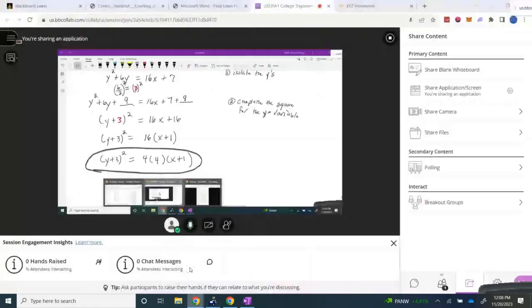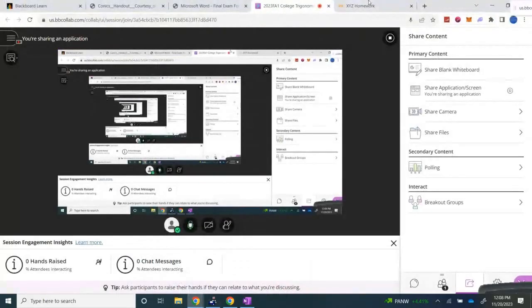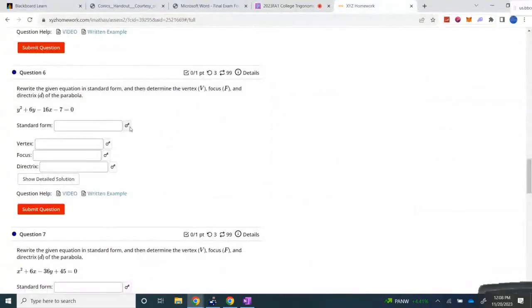All right, so we just take a look at that. So that's what that y plus 3 quantity squared is equal to 4 times x plus 1. Any questions about the first part?